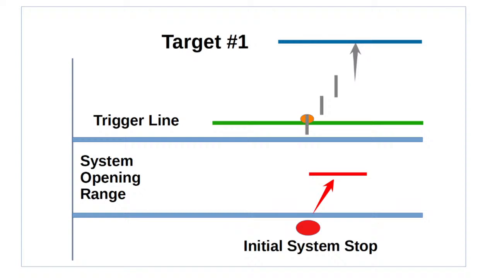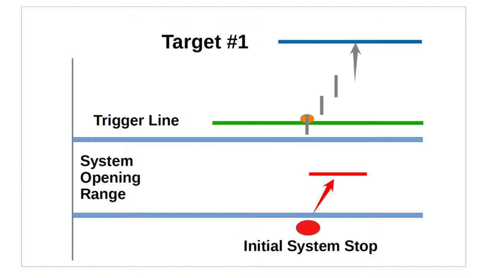It's not where we want to take an entry, it's the barrier to taking an entry. So as long as we clang around below the trigger line in the example of a long, there's no entry. We have to actually get past that trigger line to be able to want to take our entry.